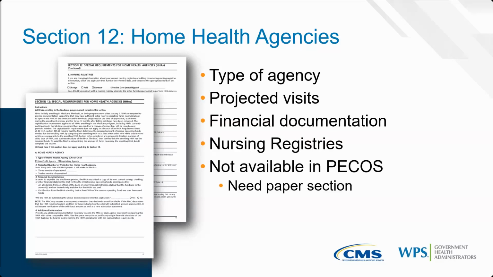So just like the opioid section, this is something that we will need the paper section for, if you're reporting this through an electronic application. And with both of these, I don't want that to discourage you from submitting electronically. We have that workaround, as I said, but note that it's not an issue with PACOS in that it's not presenting it to you. It is simply a system limitation because it's not available there yet.